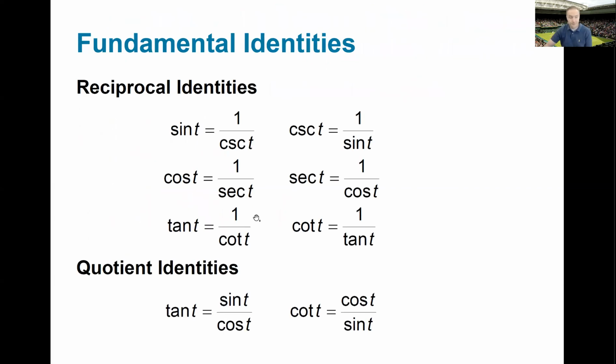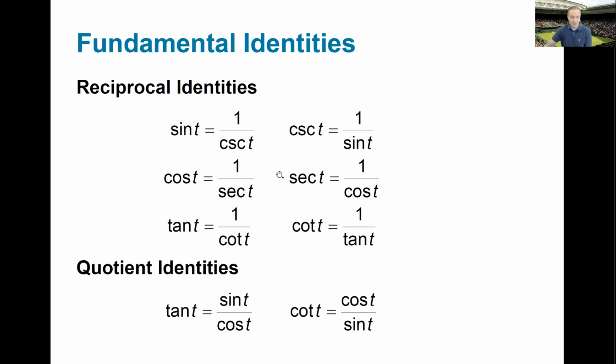Now, fundamental identities: you need to know that the cosecant's the reciprocal of the sine, the secant's the reciprocal of the cosine, the cotangent's the reciprocal of the tangent, and vice versa. You can say the sine's the reciprocal of the cosecant, the cosine's the reciprocal of the secant, and the tangent's the reciprocal of the cotangent.